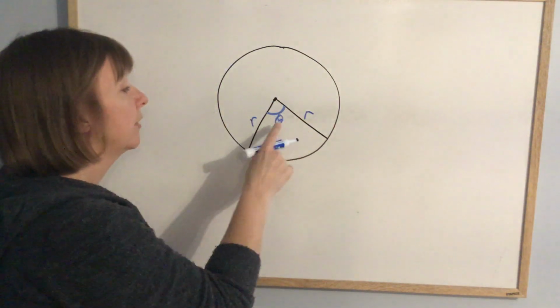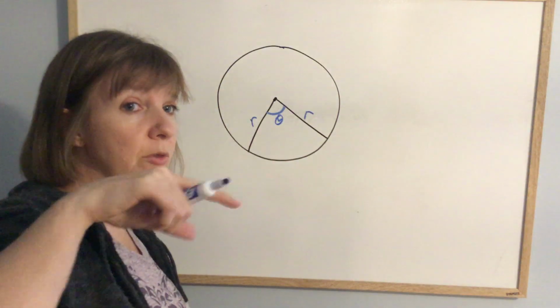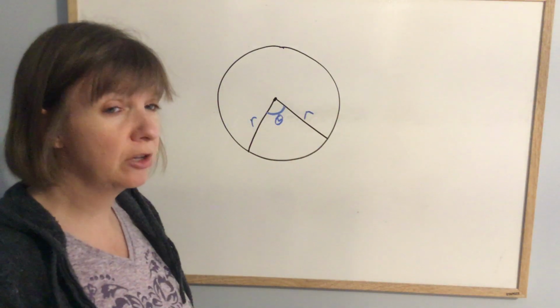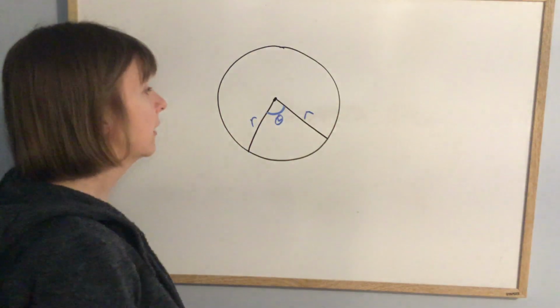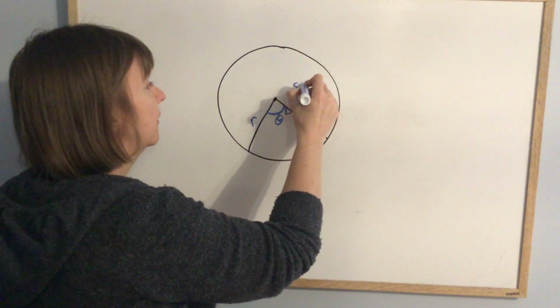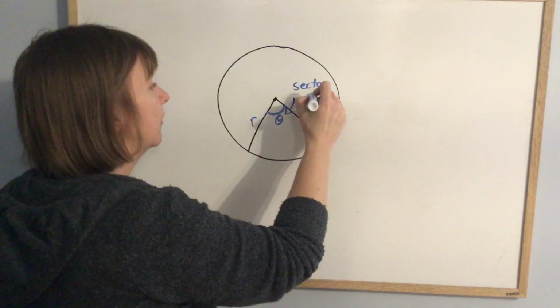This little symbol is just a circle with a wavy line through it. That's called a theta. It's a Greek letter, usually used to represent angles in math. That is the sector angle.